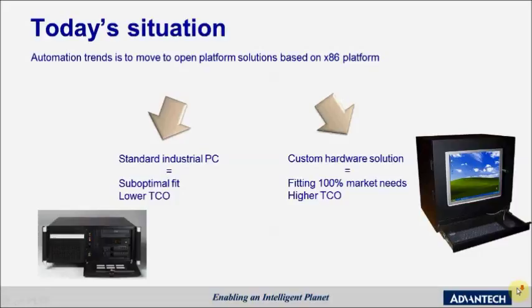It means we understand what the application needs and we customize our product in order to fit 100% to the market needs or the application needs. Of course, this implies a higher total cost of ownership. And during my presentation, we will see all the details of why we have a higher total cost of ownership and why we need to work to solve the issue.